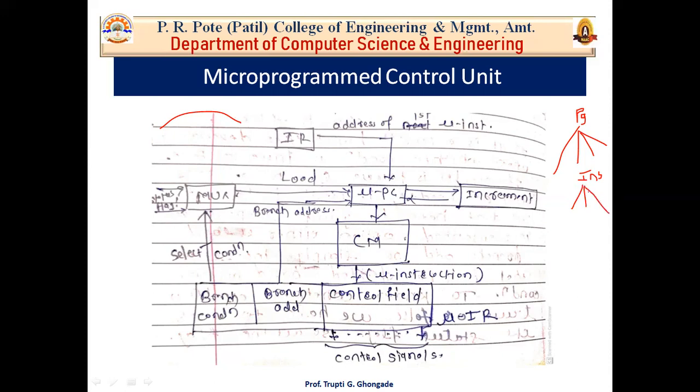For example, in your program there are a number of instructions like addition, subtraction, and multiplication. The combination of all these instructions is called a program, but each instruction also contains some small operations.